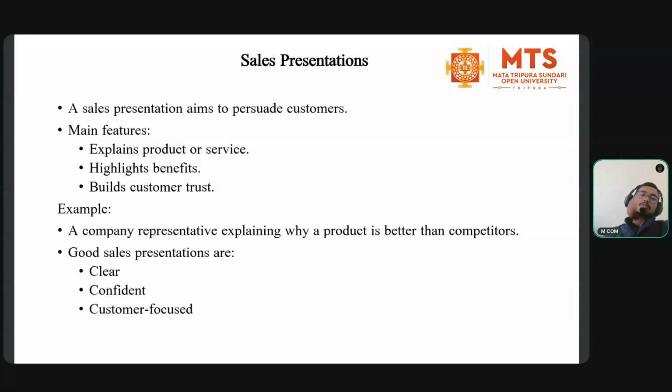The main aim of a sales presentation is to explain the product clearly and highlight its benefits. The speaker must show how the product solves a problem or meets customer needs. A good sales presentation focuses on clear explanation, building trust, and understanding customer needs, right?